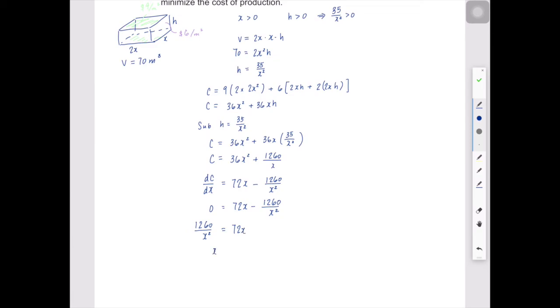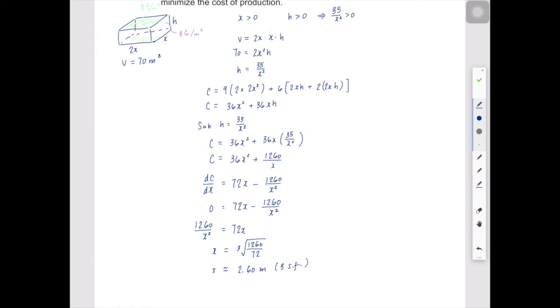If you cross multiply, x cubed is 1260 divided by 72. So we're taking the cube root of that. Using my calculator, this works out to roughly 2.60 meters if I round it to 3 significant figures.